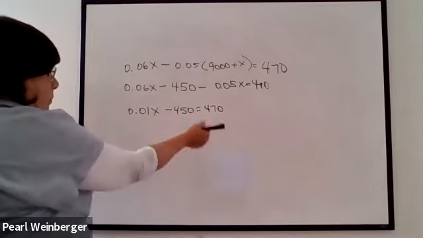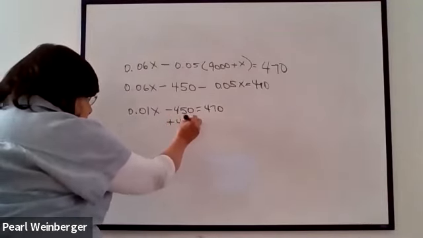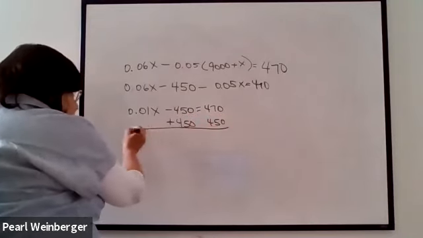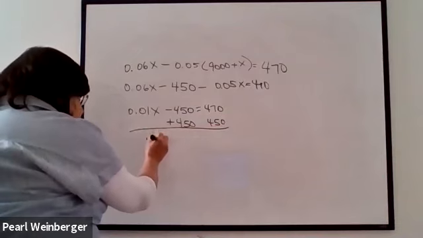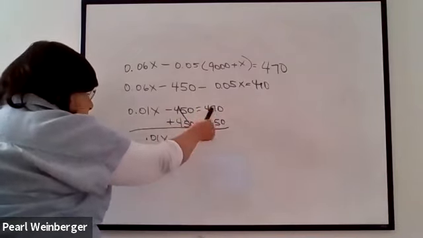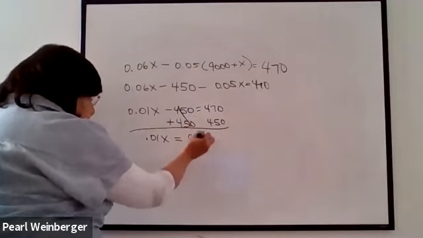And of course, now I want to bring this 450 to the other side. Which gives me 0.01x equals, well, this is 470 plus 450, which is 920.